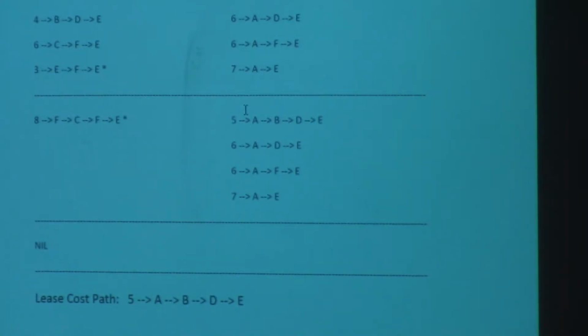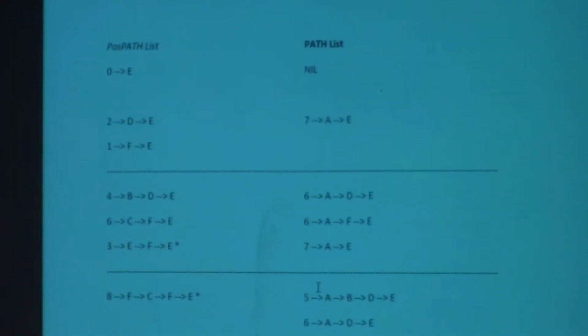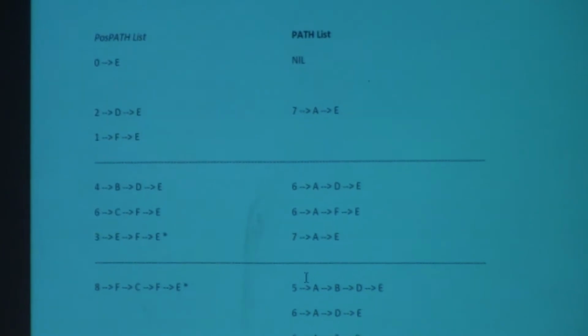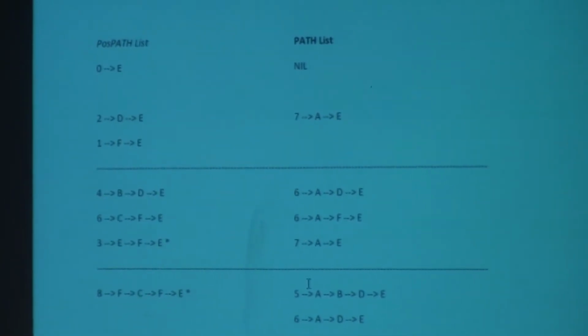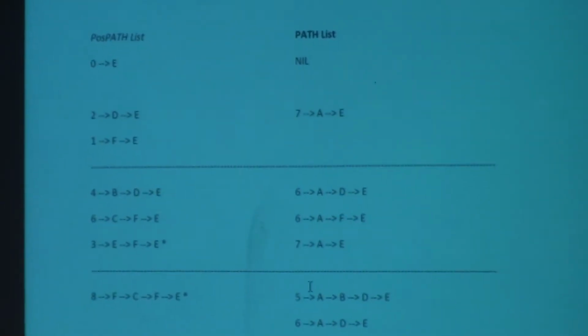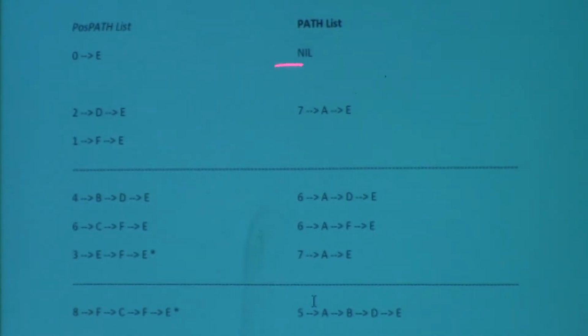The first thing we do is put in a possible path starting at E, which is the destination. The cost of that, if you start at E and you go to the destination, is 0. There are no actual paths at this point yet. Now I'm going to go to the loop iteration.